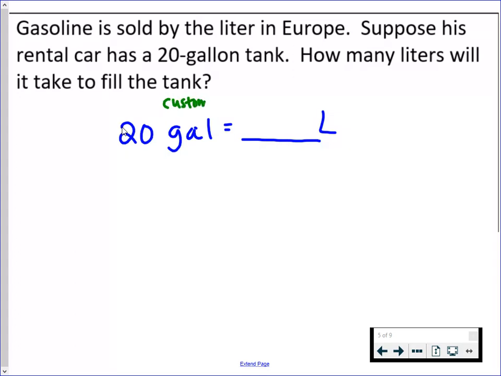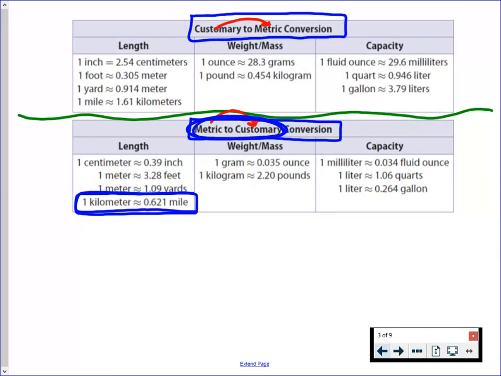Gallon is customary, liter is metric. We're going from customary to metric.